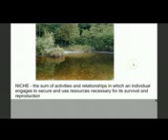It's the sum of all the activities and relationships in which an individual engages to secure and use resources necessary for its survival and reproduction. So it includes where it lives, but also what role that organism takes in that habitat, how they fit in amongst all the other organisms that live there.